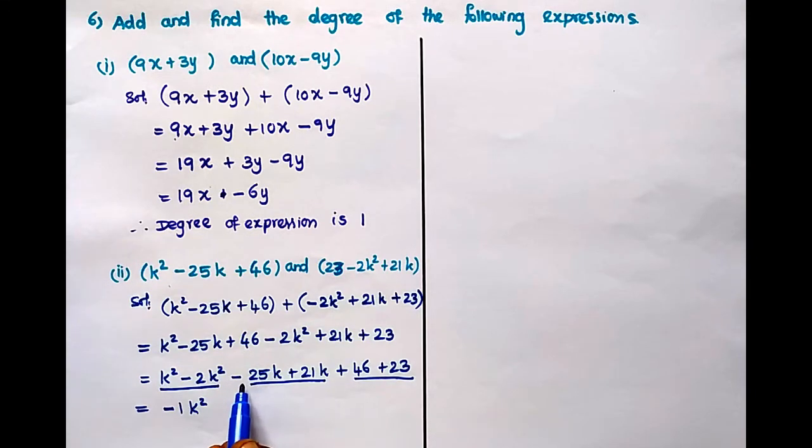And then here minus 25k plus 21k, different sign. So 25, 21, what is the difference? 4. Which one is the greater number? 25. The sign is minus. This is the k term, so put k. And the constant terms, both are in positive sign, so add them and we get 69.